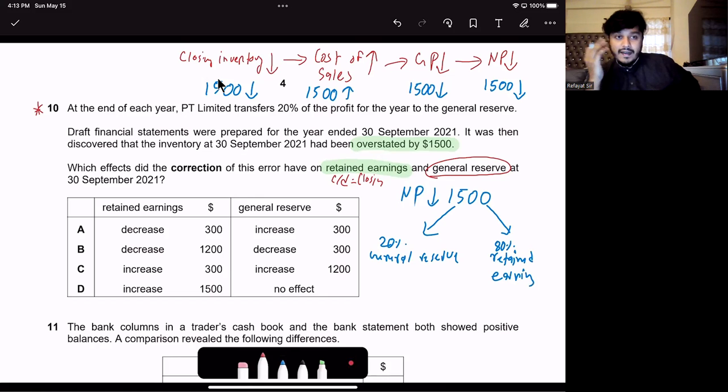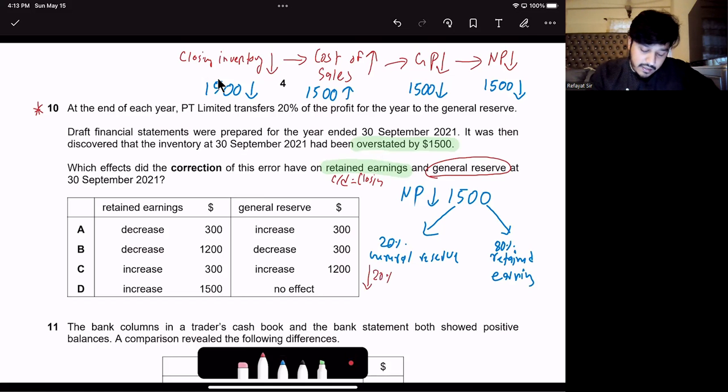Since net profit is decreasing by $1,500, general reserve will definitely decrease by 20% of $1,500, which is $300, because general reserve transfers are dependent on net profit.